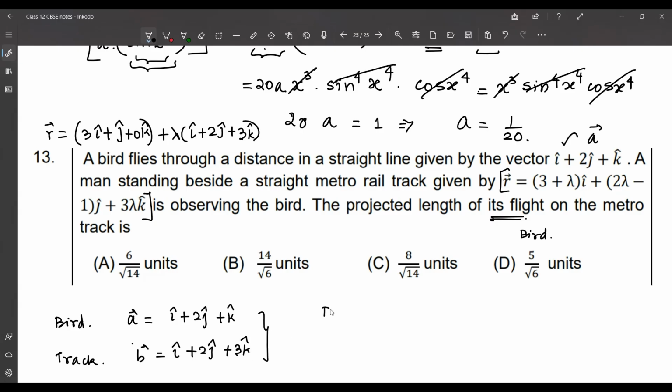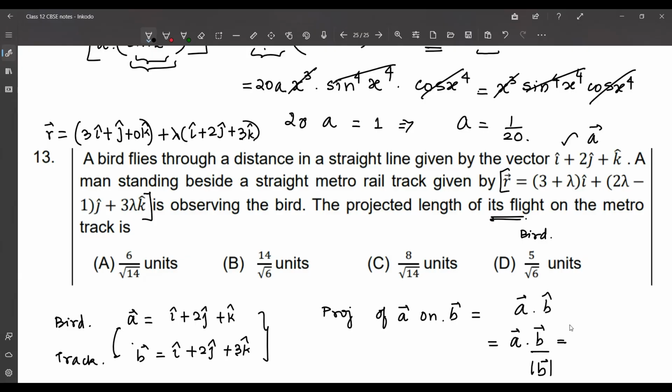The projection of the bird on the track is equal to a dot b cap, which is equal to a vector dot b vector, the whole divided by the magnitude of the b vector. So we need to take the dot product between a vector and b vector.